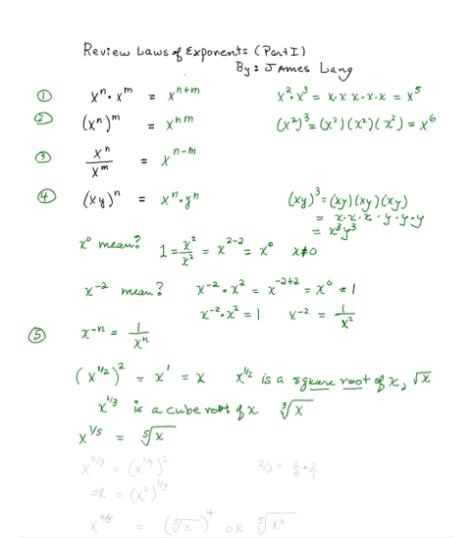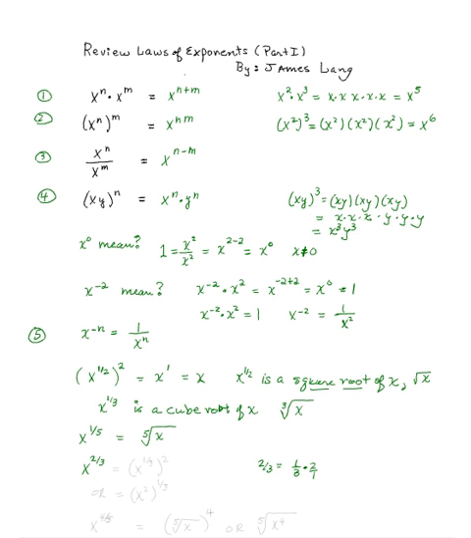So what if we had x to the 2/3? So what would that have to mean? Well, if you think about it, 2/3 could be written as 1/3 times 2. You have to remember 1/3 times 2 would be multiplying fractions, where the 2 is 2 over 1.